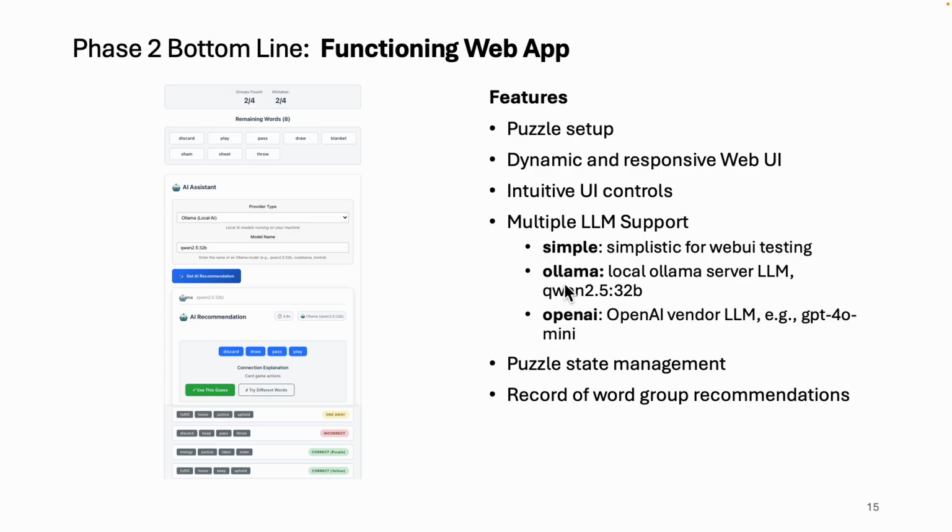In particular, I'll be showing how we use a local large language model through the Ollama server running locally on my MacBook, and accessing OpenAI's GPT-4 series of large language models, and also the ability for the application to manage the puzzle state and to keep track of what are the word group recommendations. Okay, these are the key features of the application, and with that, I'll get started on the demonstration.